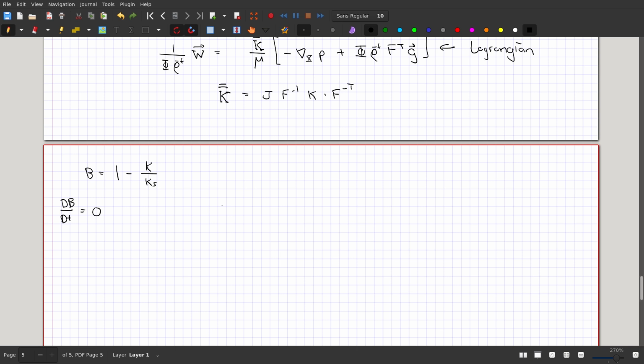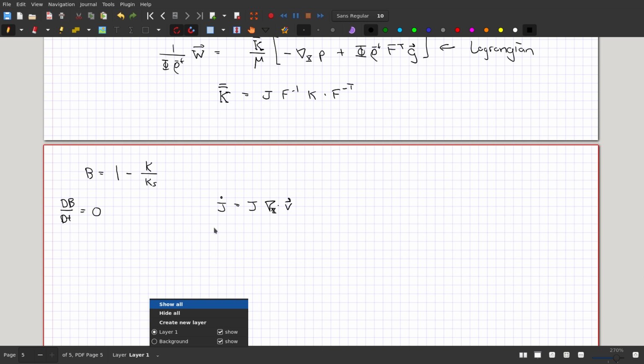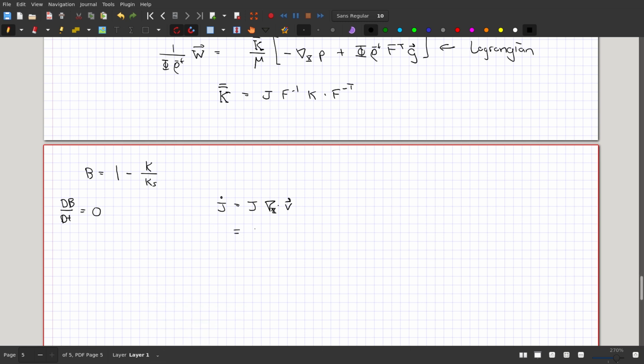Remember, we had that J dot is equal to J times the divergence of V. Let's write out the divergence of V. That's partial V1, partial X1, plus partial V2, partial X2, plus partial V3, partial X3.